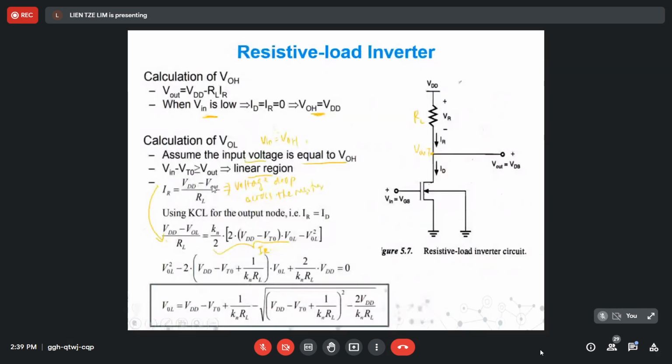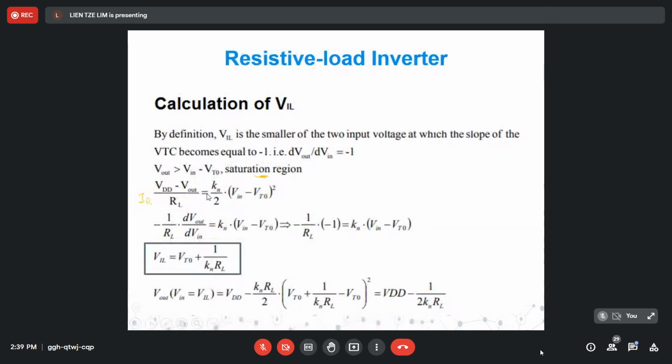They are set equal together, and then we differentiate with dVout over dVin to get the VIL formula. This dVout over dVin indicates the slope. We can replace it with -1.